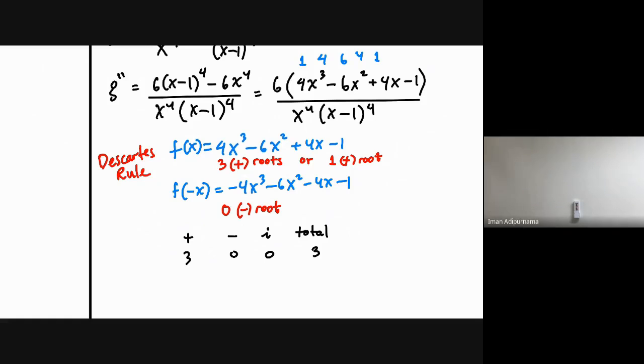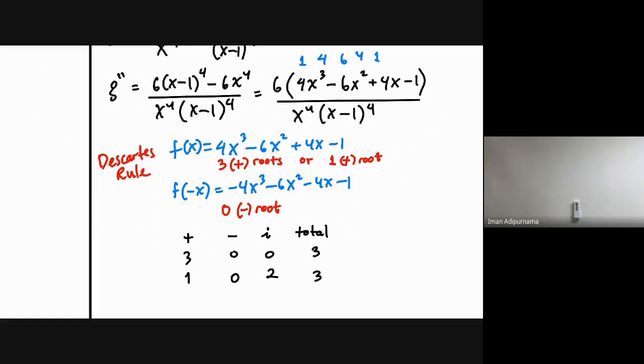I is for imaginary number. And the other way, we will have 1 positive root, 0 negative, and because the total is 3, we need to have 2 imaginary roots. So this is how you count how many roots you have.